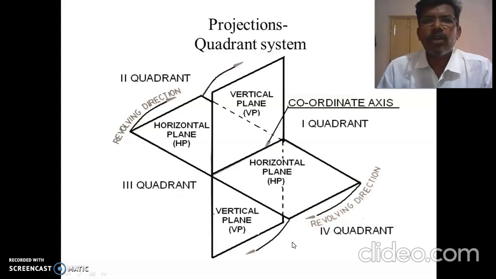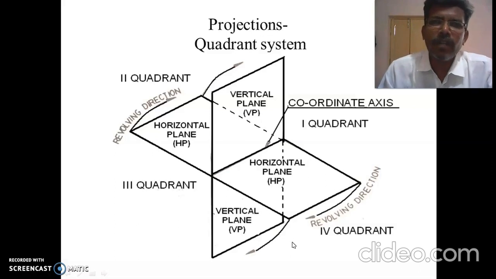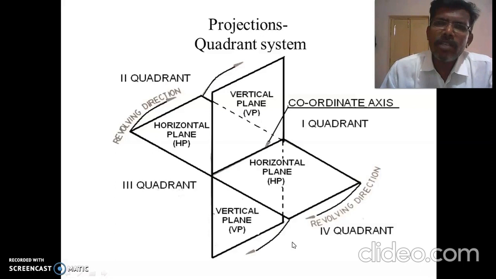So the second quadrant and the fourth quadrant are eliminated from engineering graphics, and only the first quadrant and the third quadrant are selected for orthographic projections.